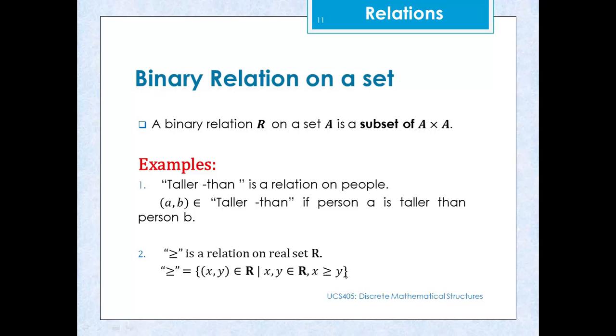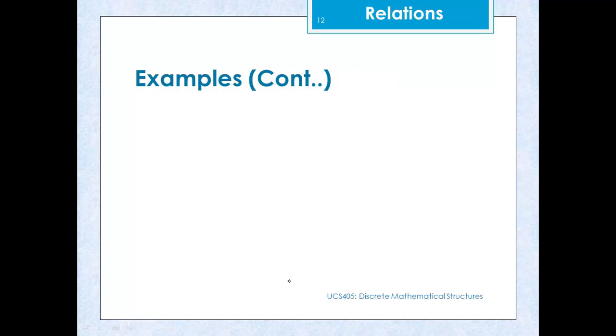As you can see, we are writing it in the form of a predicate. That means we can also define the relation in the form of a predicate. Let us see some more examples on it. Let us say that we have a set A containing elements 1, 2, 3, 4, 5 and 6.